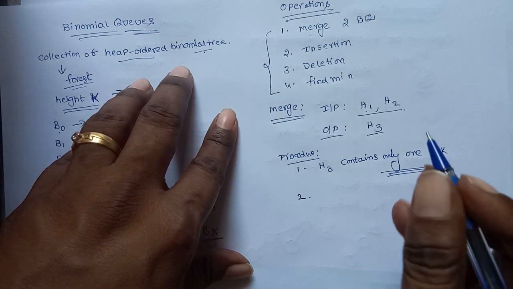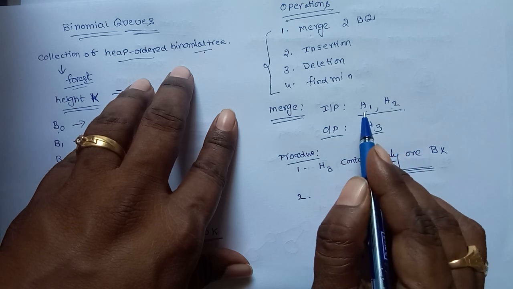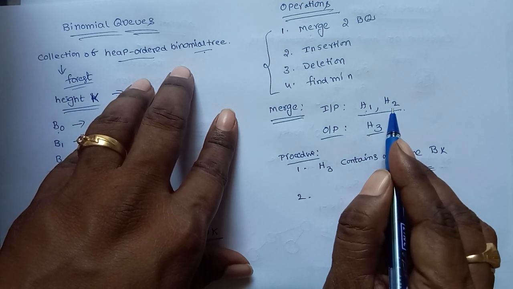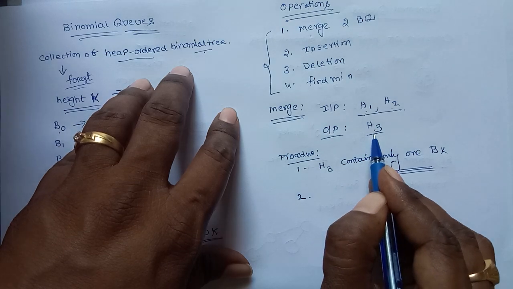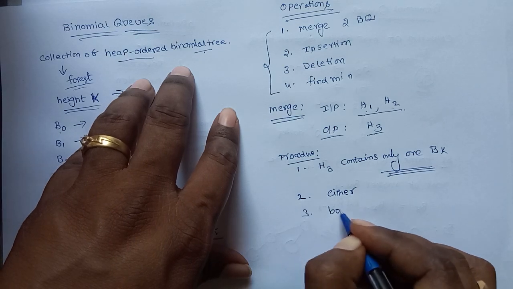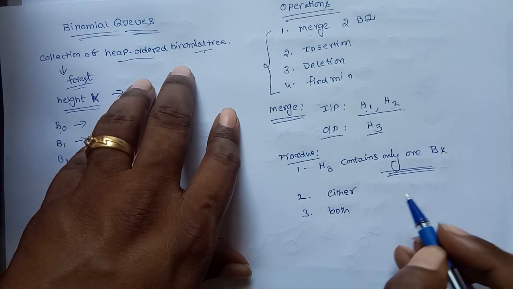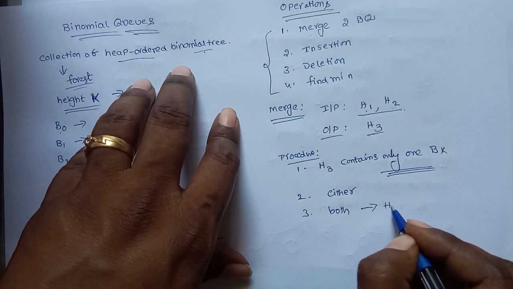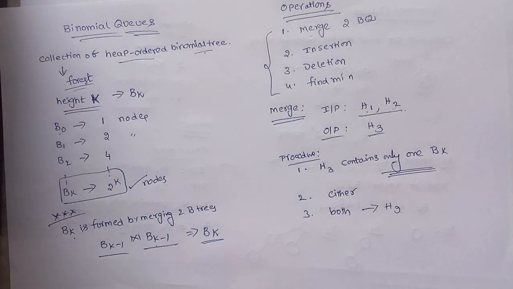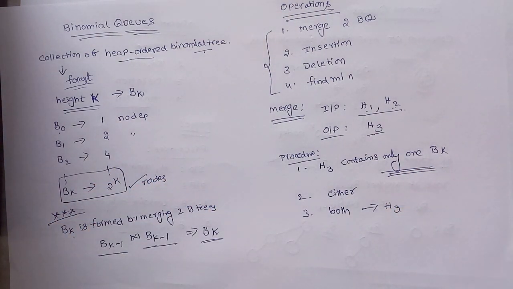And if a Bk appears in either H1 or H2, simply add it to H3. If a binomial tree appears in both H1 and H2, merge those binomial trees and place the result into H3. The procedure is very simple. The simple concept is, if same ordered trees appear, simply perform the merge operation.